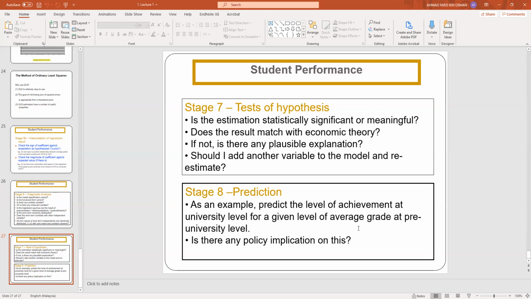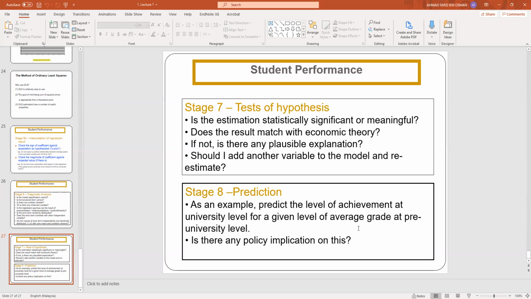So based on our model, it suggests that those with CGPA at pre-university level lower than 3, we predict them to have CGPA at the university level lower than 3 as well.